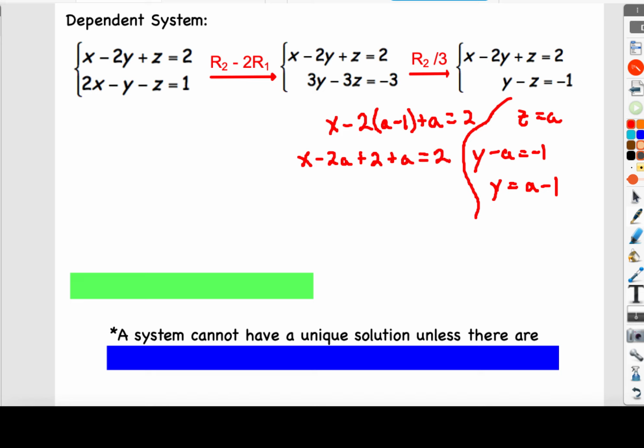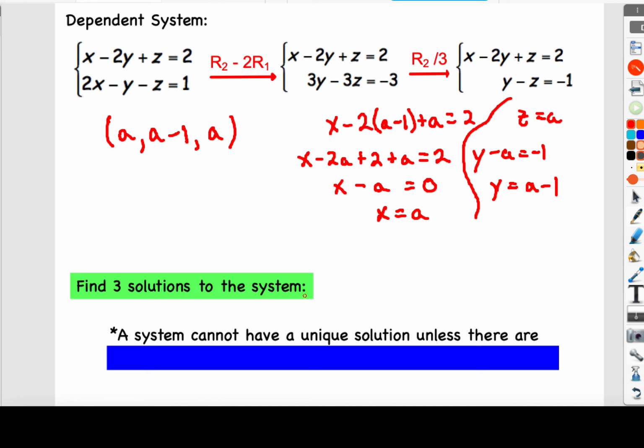I'm going to subtract my 2 over to the other side, but I've still got x minus 1a here, and it just so happens on this one that x ends up equal to a. So the solution to my system, or my easy way of writing this in terms of a, is x equals a, y equals a minus 1, and z equals a.